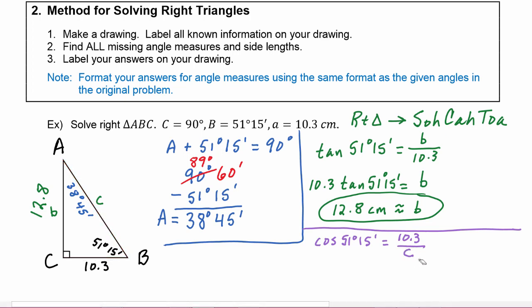Now we have to solve for C, and C is in the denominator, so we're going to need to cross multiply up the C, and we'll want to cross multiply down the cosine of 51 degrees 15 minutes. So we get C is equal to 10.3 divided by cosine of 51 degrees 15 minutes.